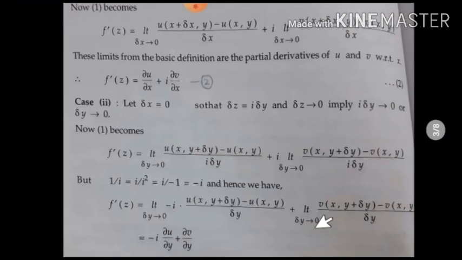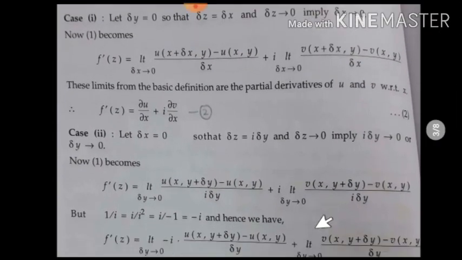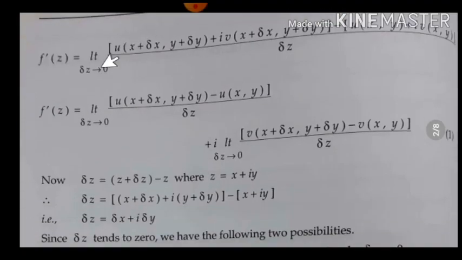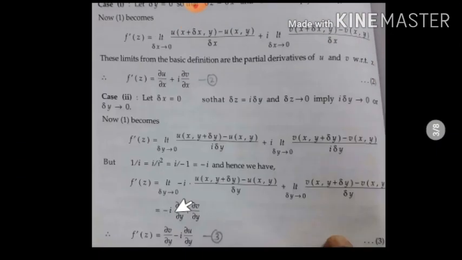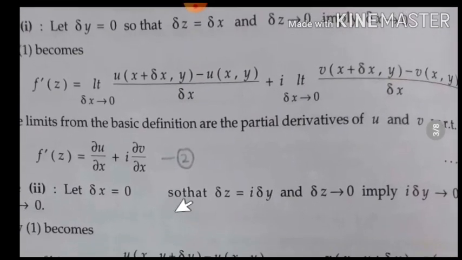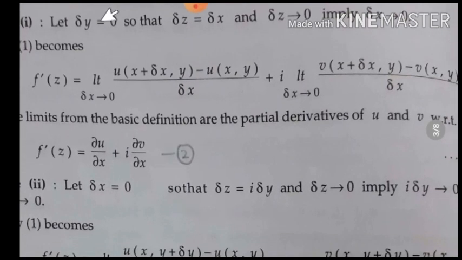So case 1: delta y is 0. So delta z is equal to delta x.